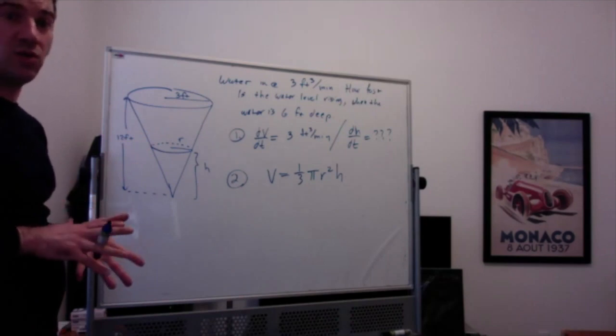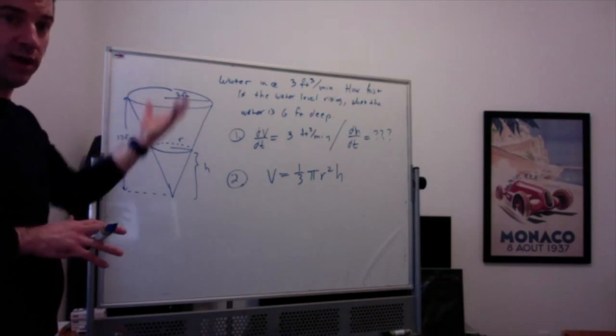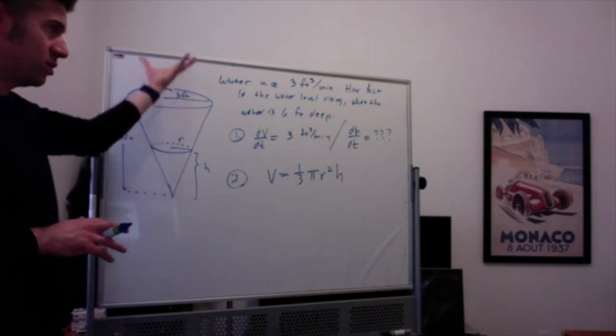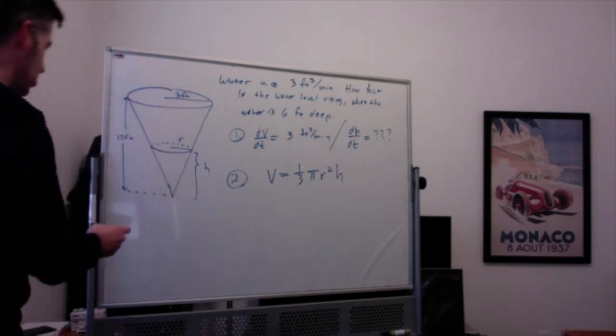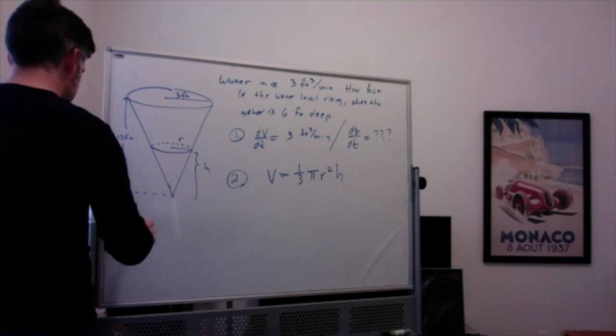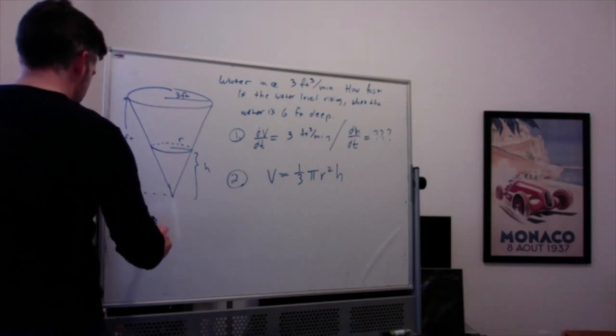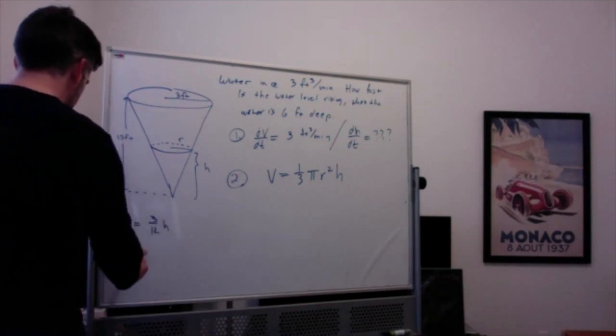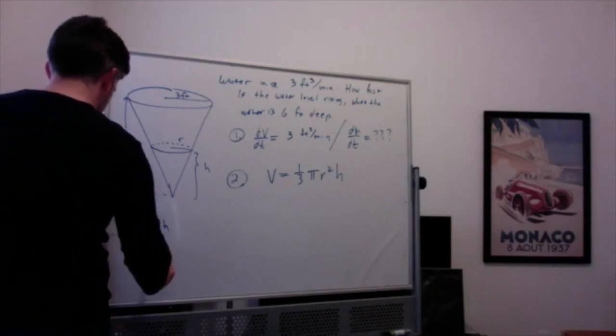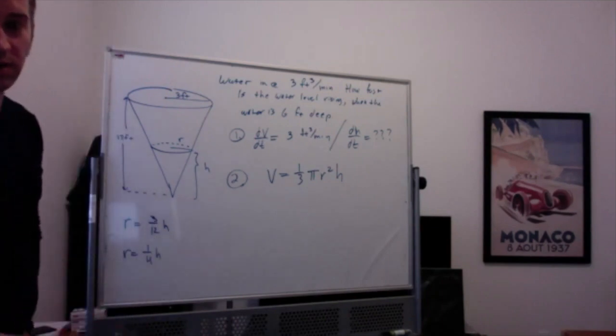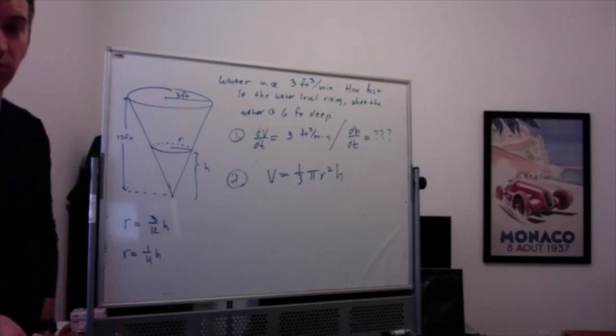And that ratio is always true no matter how big your cone, or no matter which cone you're using in this cone. Meaning you can always say that the radius is 3/12 the height, or the radius is 1/4 the height. You could also use similar triangles.